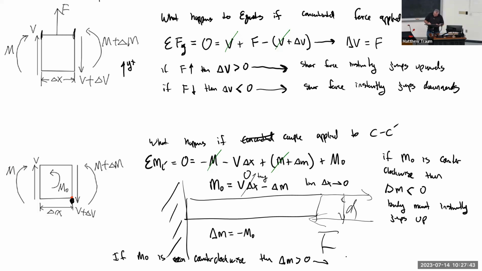And what that means is that the bending moment jumps downward, like a Dirac delta function. There's a mistake in that one.